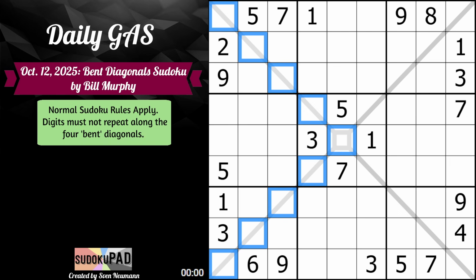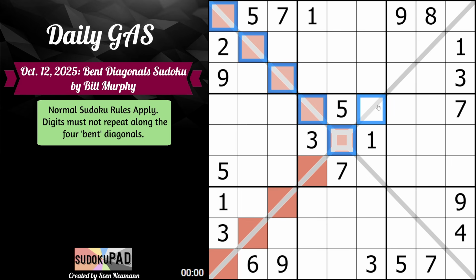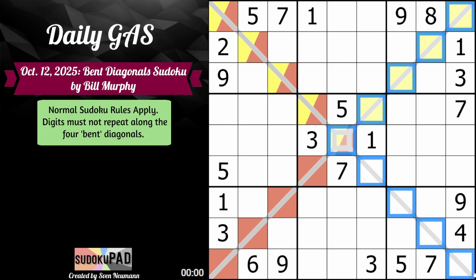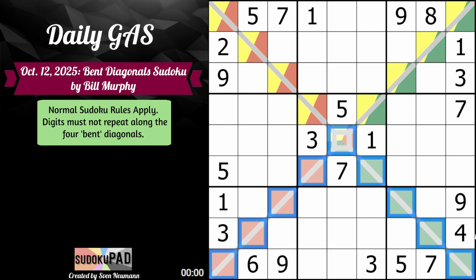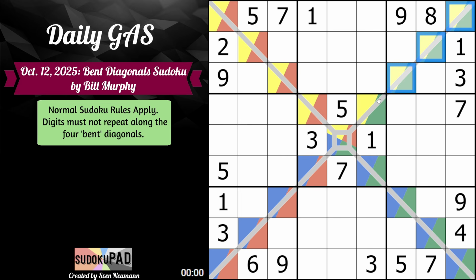So we can actually do some color coding, which is how Bill explained it on the Cracking the Cryptic Discord. He used color coding. This is another bent diagonal. This is another bent diagonal. And this is the last bent diagonal here. So any of the yellow shaded cells will contain the digits 1 to 9 once each.